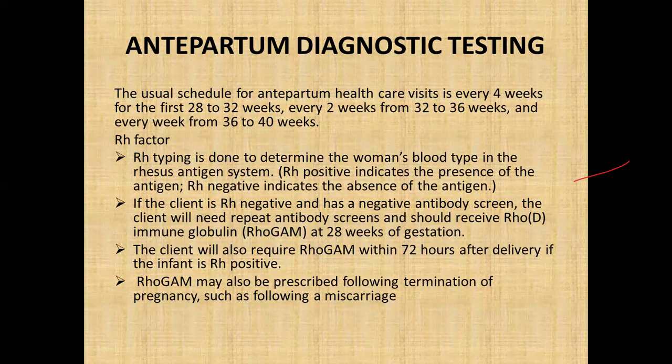They will do your blood group, and then they will determine whether you have the rhesus or the antigen or not. If you have the antigen, your blood group will be determined as rhesus positive, right? Then if you don't have it, it will be indicated as negative.